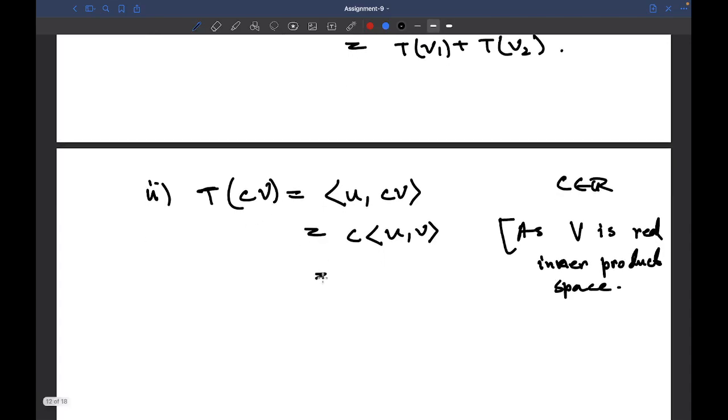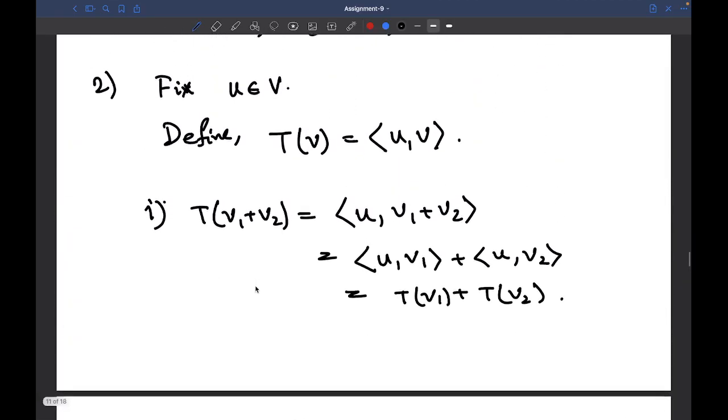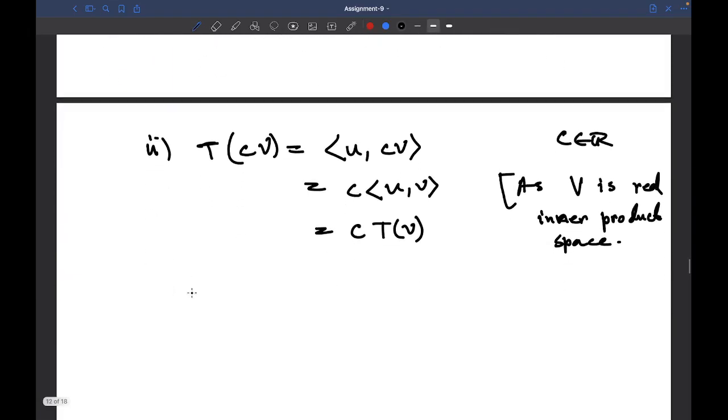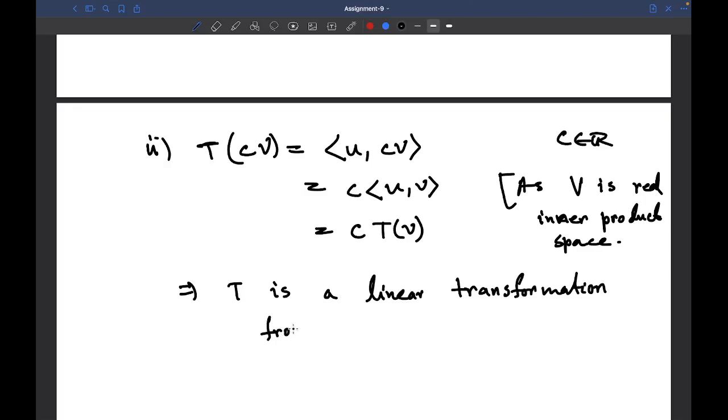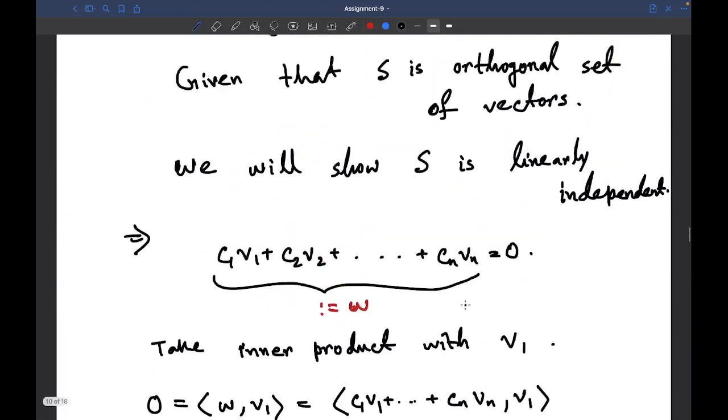So this is c times T(v). So this satisfies the condition of a linear transformation. Therefore, T is a linear transformation from V to R. So option number 2 is again correct.